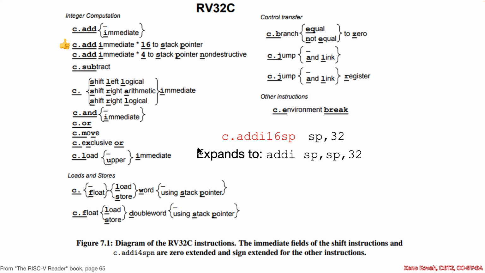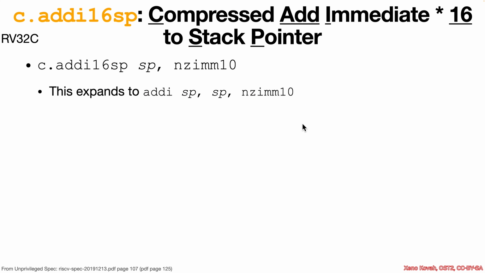All right, what does this expand out to? Well, compressed add-I16SP turns into add-I, stack pointer, and 32 in this case, whatever the constant is, whatever the immediate is. Okay, so we could write that like this. The compressed add immediate times 16 to stack pointer. This is C-add-I-SP, and we're going to say a non-zero immediate 10-bit value, and it looks like it's signed.